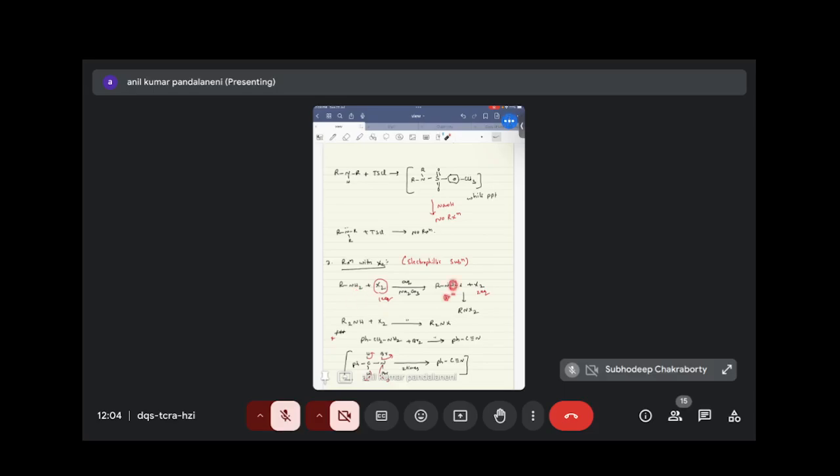The second time, one more H plus is substituted by another X plus. Two times electrophilic substitution. First equivalent, second equivalent. Done, everyone?